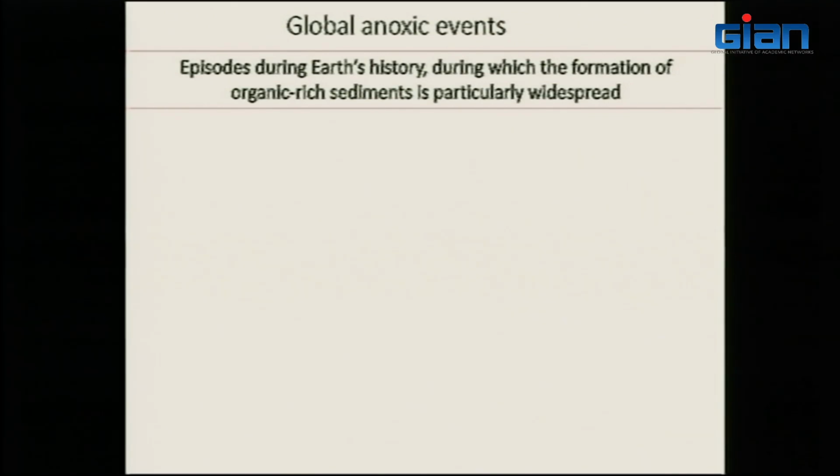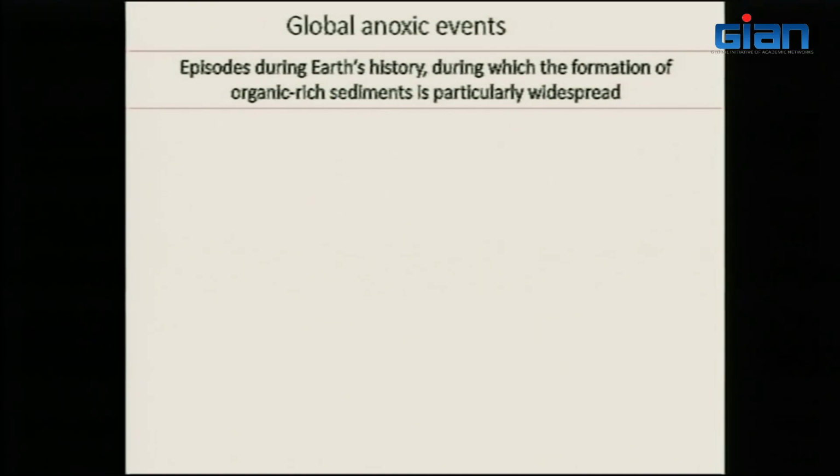As you can see here, this is an episode during Earth history during which the formation of organic-rich sediments is quite widespread, meaning it's not local, it's really global sometimes. Sometimes linked to mass extinction, but sometimes not so much, as you will see.